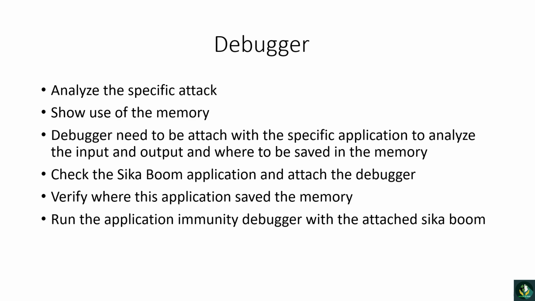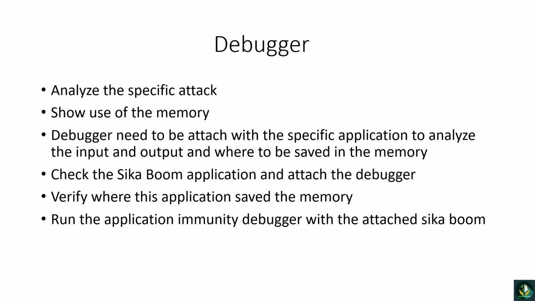We'll download this from the internet and run the Immunity Debugger, and after running it you have to attach the application to match the connection. So we need to verify where exactly this application serves.